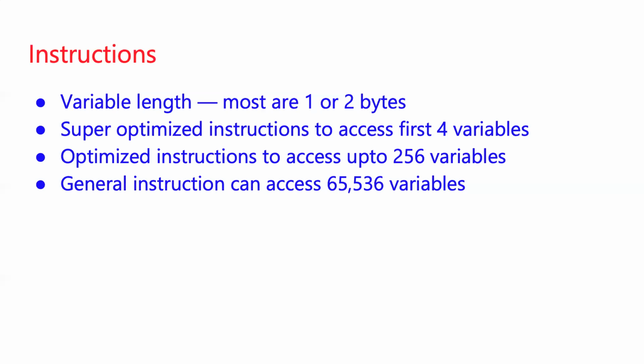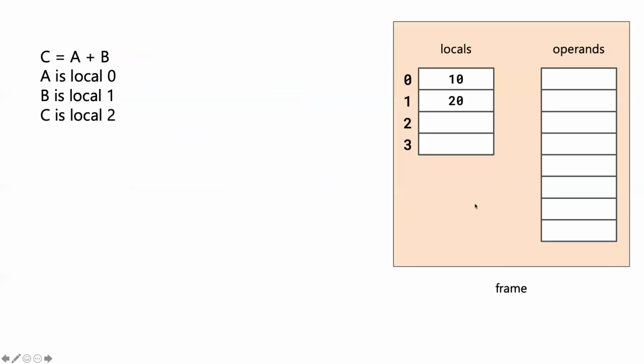So the point we're making here is shorter instructions are easier to load and can execute faster. For accessing local variables, there are short forms for the early variables, longer ones for a bigger set of variables, and even longer ones for a really big set.